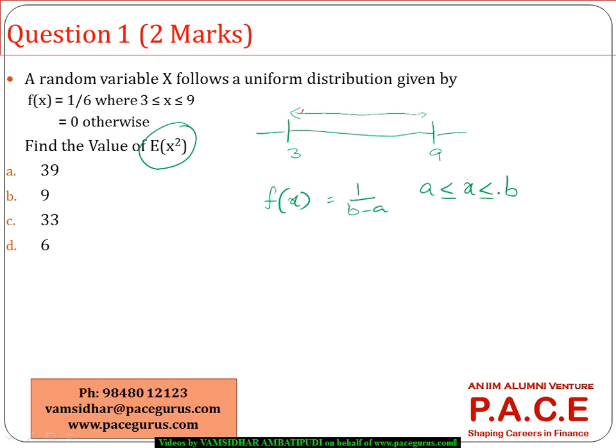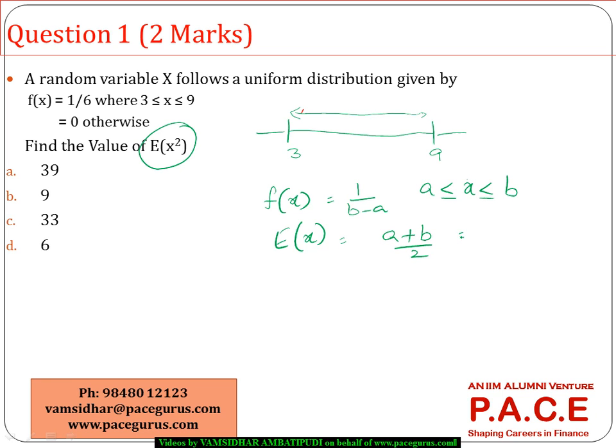This is the typical scenario for a continuous uniform distribution. The mean, or the expected value E of x, is nothing but a plus b by 2.